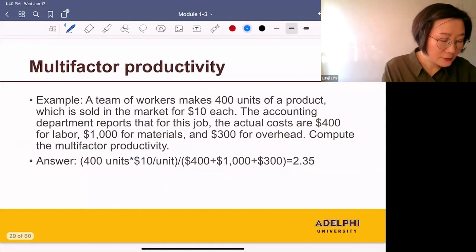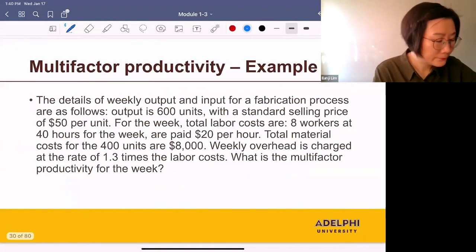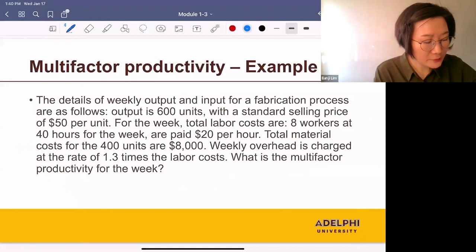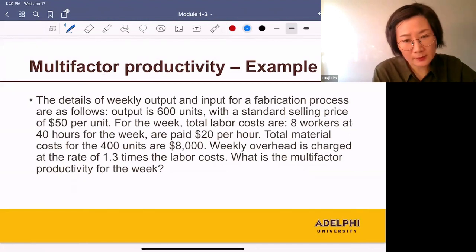Now let's try another example. The details of weekly output and input for a fabrication process are as follows. Output is 600 units with a standard selling price of $50 per unit.